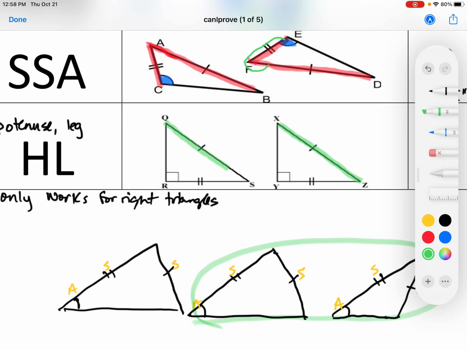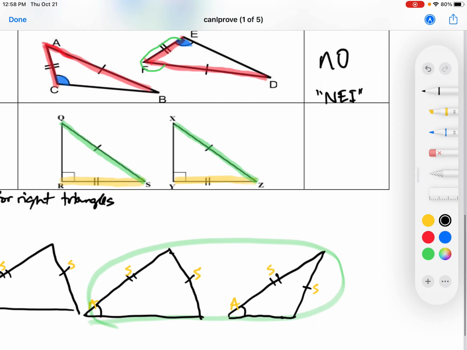And what this is saying is if you have two right triangles and the hypotenuses are congruent and one of the legs of each triangle is congruent. If you have one of the legs and you have the hypotenuse, then you can say that the whole entire triangle is congruent. So that's an answer of yes.